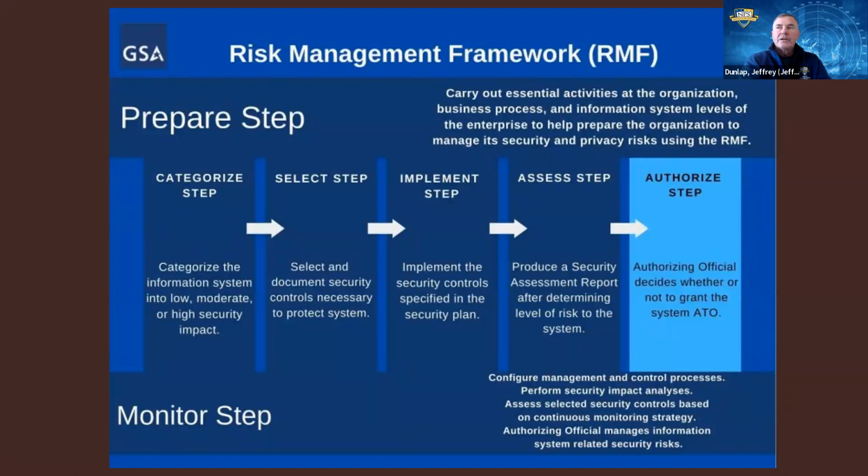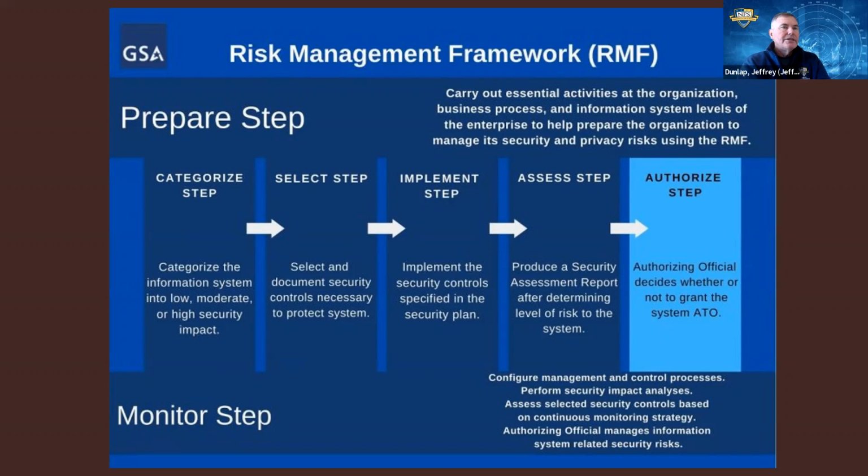The authorizing official determines whether or not to grant the authorization to operate. Someone basically says, I think you did everything you possibly could. I agree with all this stuff, and I'm going to authorize you to field this capability.